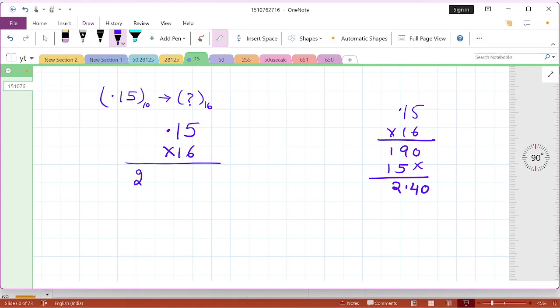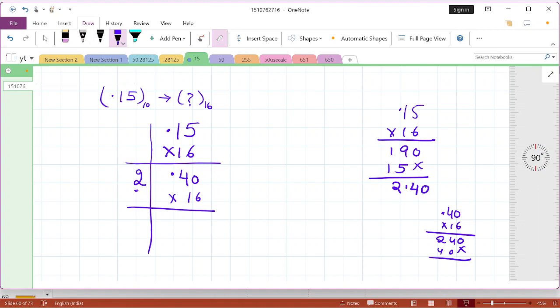So it will be written like this, 2.40. Put a line in between so that you don't multiply that integer number. Only this fractional part has to be multiplied by 16. So 0.40 into 16 will give you 6.40. So this is our integer part.